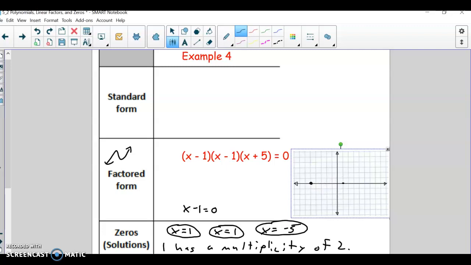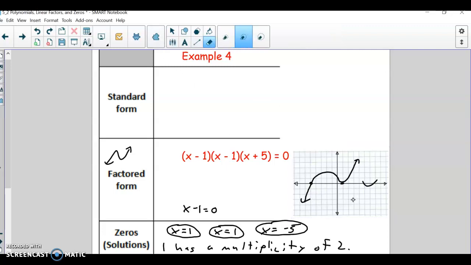And then at 1, normally it would make 2 answers, but instead it's going to bounce. So we're going to say it kind of hits there twice. Normally it would dip back down and make 2 answers, but on this one it bounces. So that's what a multiplicity will look like graphically. It's kind of counted as a double answer.